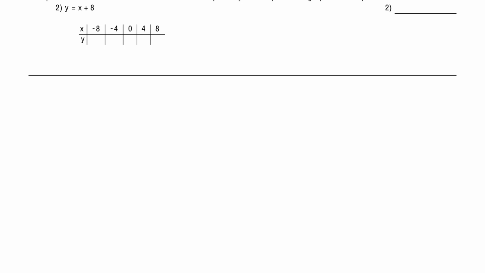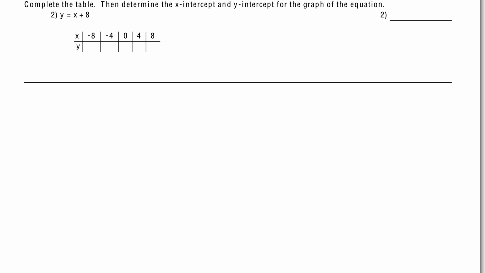Number 2, complete the table, then determine the x-intercept and the y-intercept for the graph of the equation. Okay, so now we're remembering that the x-intercept is where y is 0 and the y-intercept is where x is 0. Already here we have a 0.